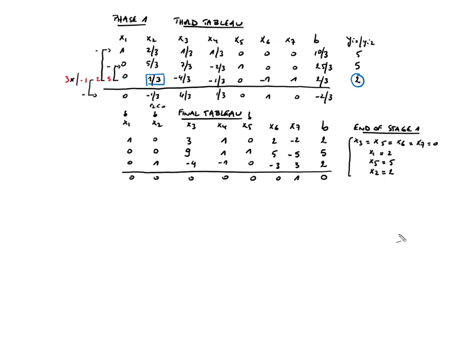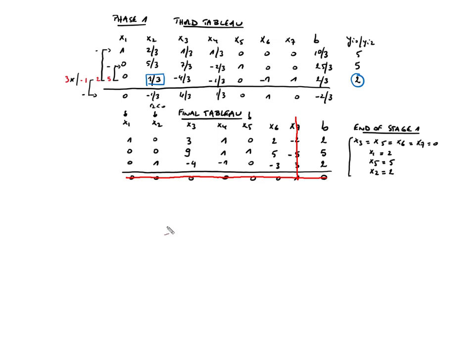So this is an initial feasible basic solution for our initial problem that we had in the standard form. So what we'll have to do now is cross out the column that corresponds to the artificial variable, and we'll cross out the last row because the cost is associated, of course, to this artificial problem.